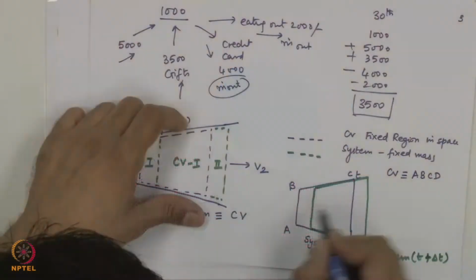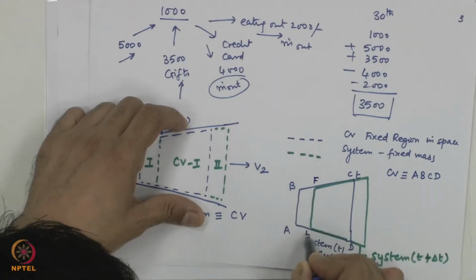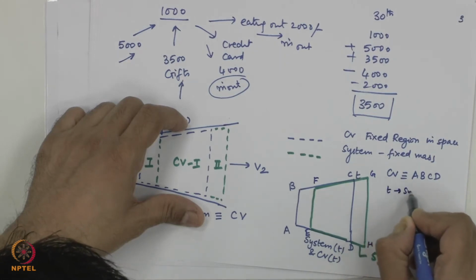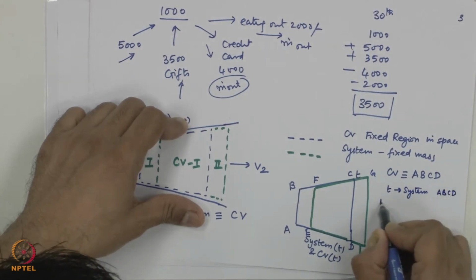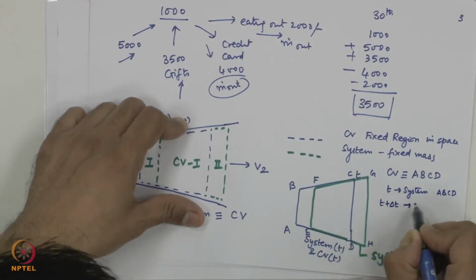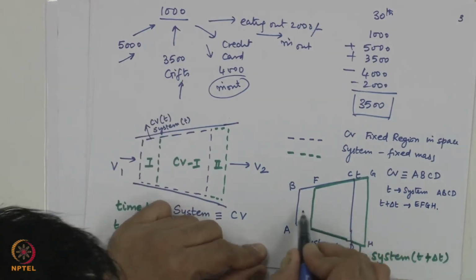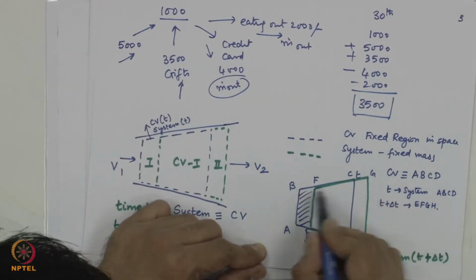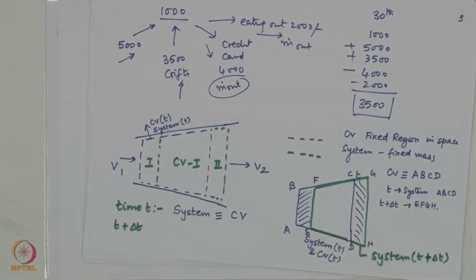The system initially was A, B, C, D. Now it is E, F, G, H. So system at time t is the same as A, B, C, D, and system at time t plus dt is E, F, G, H. Why? Because a certain amount of mass, given by this shaded region, has left the control volume and gone out because of the flow.